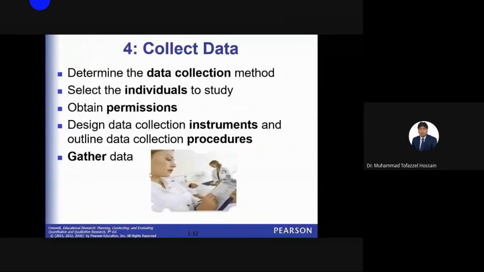Okay. So let's start with point number 4 of data collection. Then design data collection instruments, and outline data collection procedures, and then finally you can gather data. So what may be the data collection instruments?